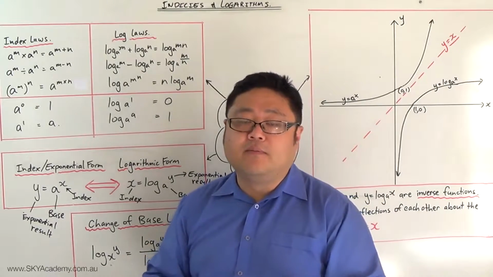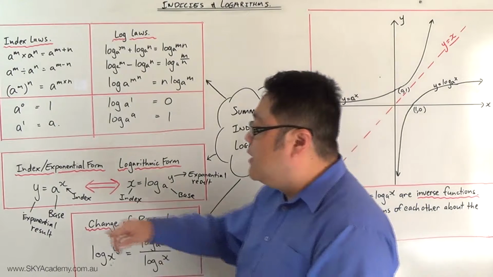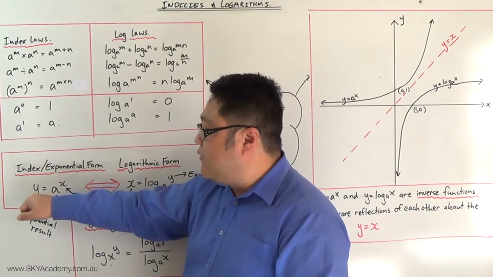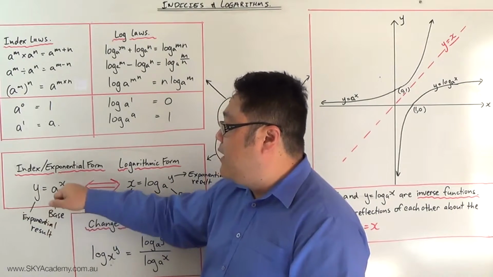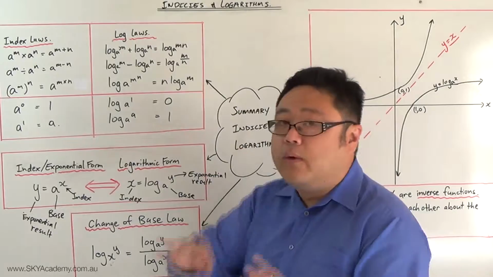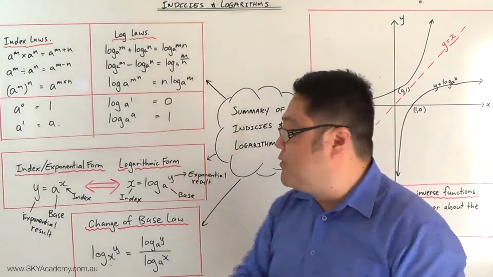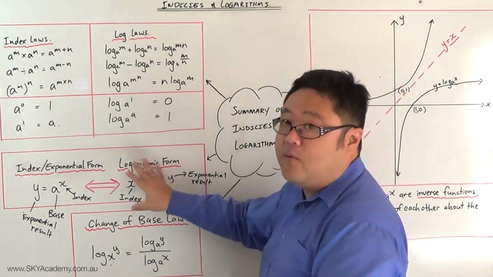So logarithms was a way of working with unknown powers, and basically where the index form was y is equal to a to the power of x, where a is your base, x is your index, and y is your exponential result, we can rearrange everything, right, and still have the same expression in logarithmic form.